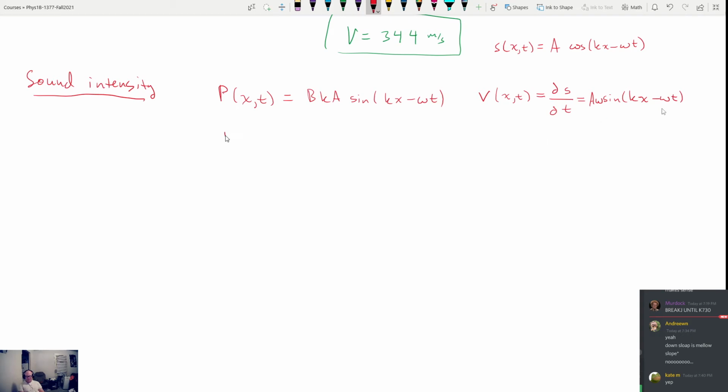What they're saying is that we can say that intensity of a wave, which is normally thought of as basically power over area. I mean, that's how we said it before. It was power over 4 pi r squared, right? They're saying this is equivalent to pressure times volume.